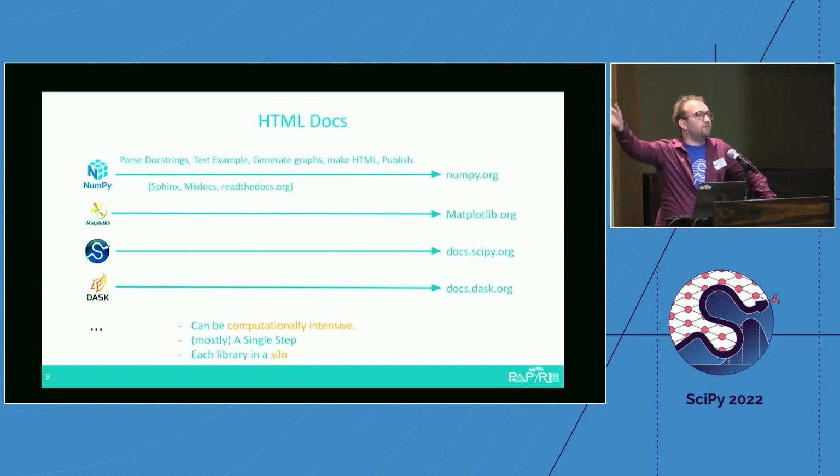But if, for example, the NumPy docs move, then all the links from SciPy to NumPy are broken, or it's the wrong version, or things like that. It's computationally intensive because you need to run all the examples, and each library, each website lives in a silo. And when you update a Sphinx plugin, for example, and there is a new version, you need to rebuild the world. So can we also try to fix that?